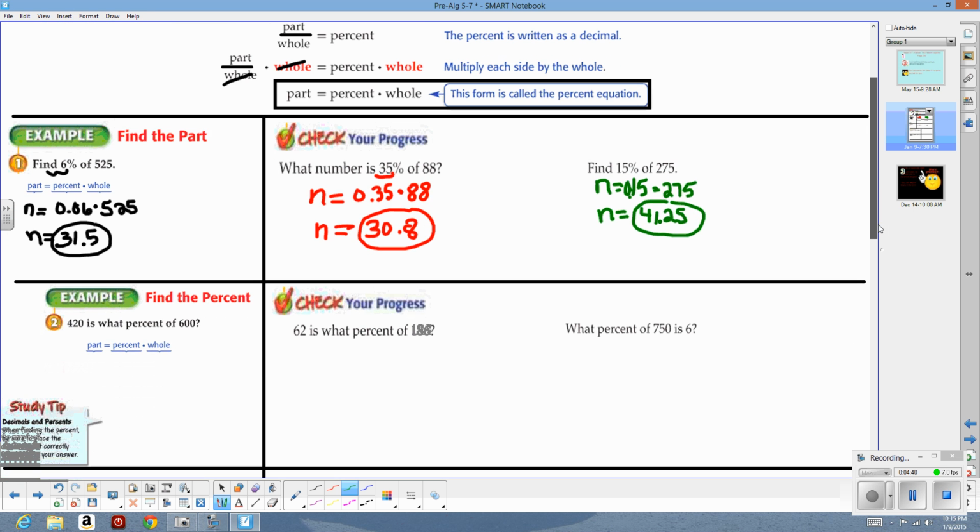The next thing we're going to do is find the percent. 420 is what percent of 600? Well, 420 is the part. The percent we don't know, so I'm going to use P for percent, and then times the whole of 600.